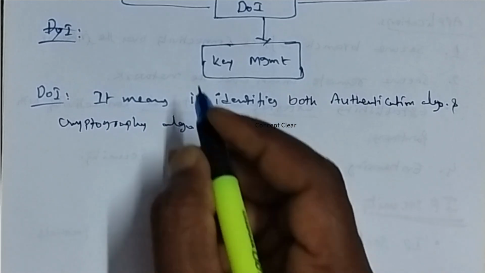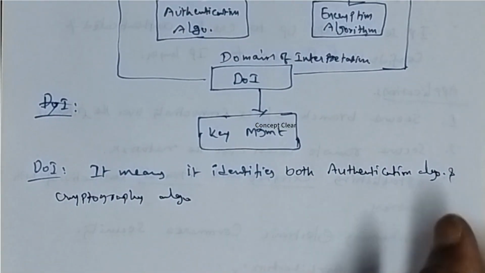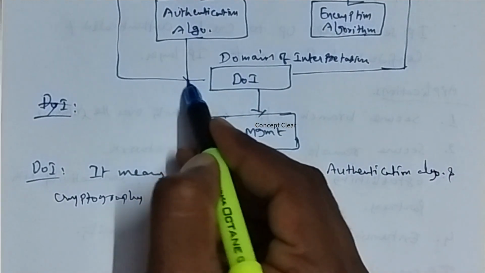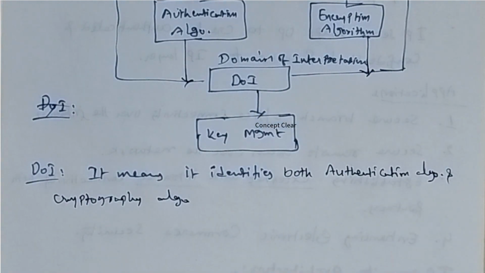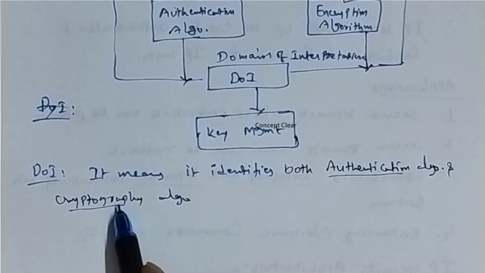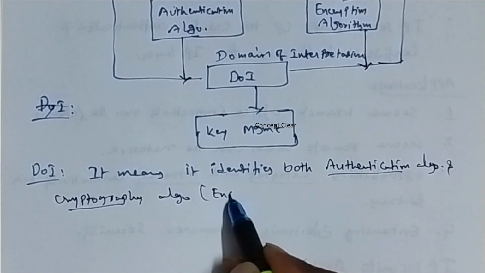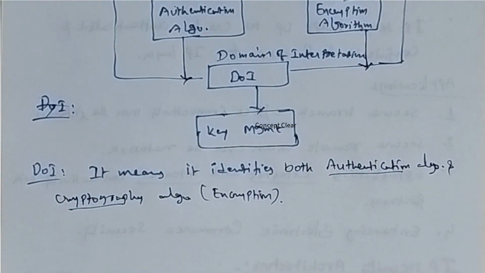Why? Because the authentication algorithms come from here, and the encapsulation algorithm also comes here for the DOI. In cryptography algorithms, we are using them for encryption only. So this is the DOI.